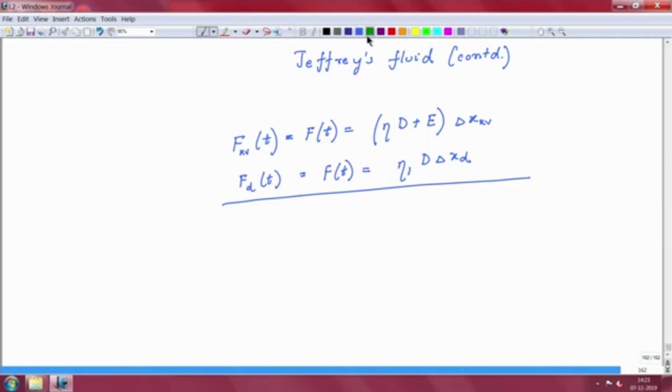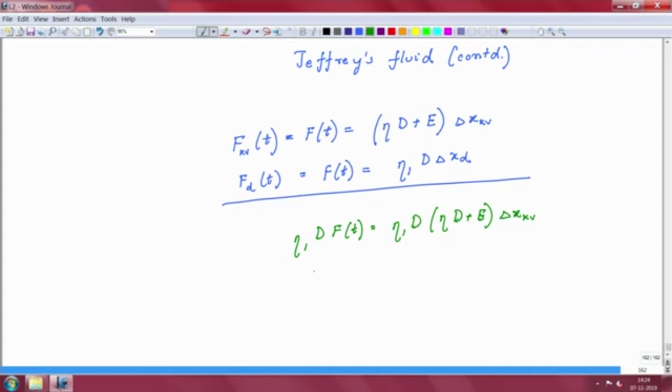To do that, we have to multiply the first equation by eta 1 D: eta 1 D f(t) equals eta 1 D (eta D plus E) delta x KV.